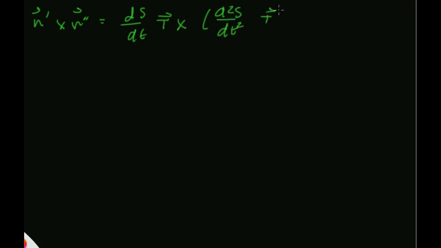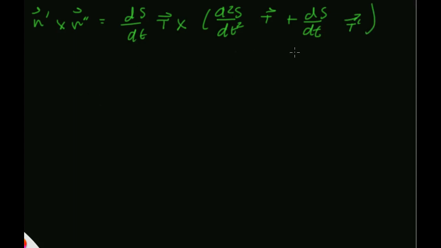Okay, so the numerator in this thing has an r prime cross r double prime. So that's going to give me ds/dt times T cross the second derivative, that is, d squared s over dt squared times T plus ds/dt T prime, right?